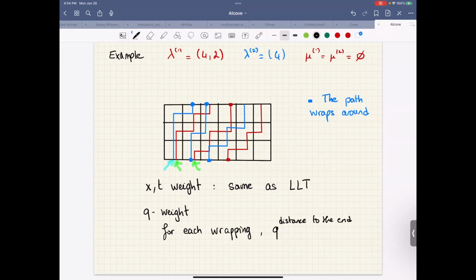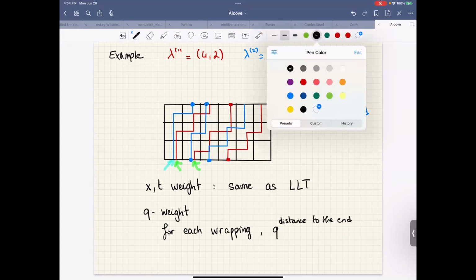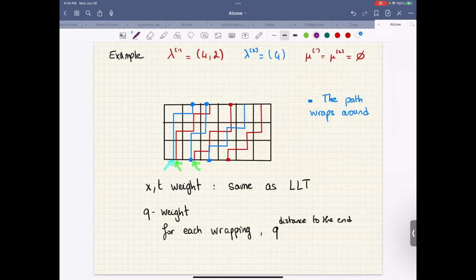Let's do it on the example here. I wrap for the first time for the blue path, but I still have 3 horizontal steps to go to the end, so that gives me a q cubed. When it wraps a second time, it still has 2 horizontal steps to go to the end, so it gets a q squared.